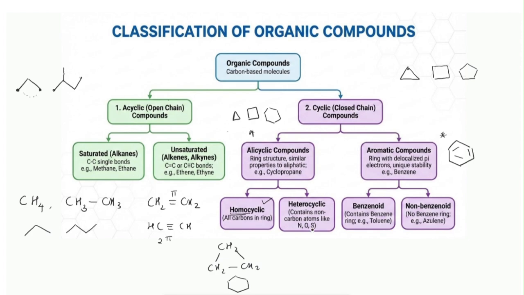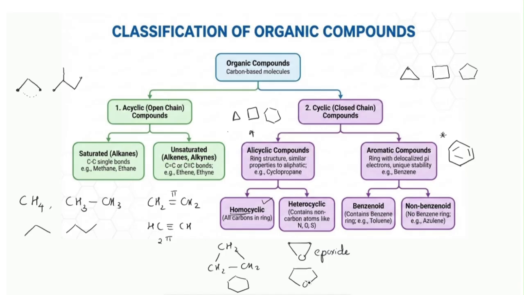If there is one atom which is not carbon, like nitrogen, oxygen, or sulfur, then we call it heterocyclic. For example, if there is an oxygen like this, these two are carbons, but this is oxygen, and we call this molecule an epoxide. Like this, we can even have nitrogen, sulfur, etc. It can be 3, 4, 5, 6-membered also.